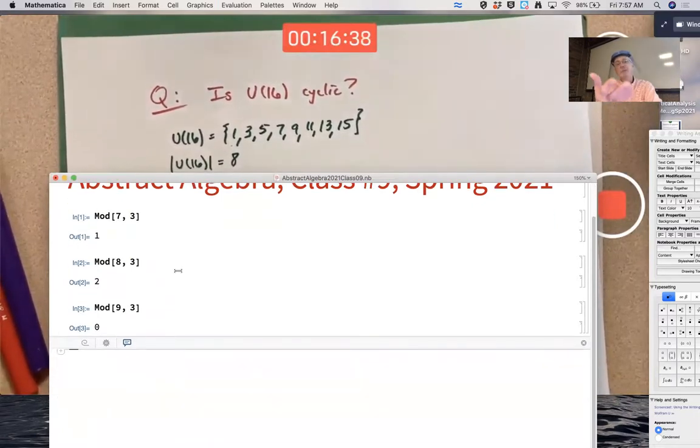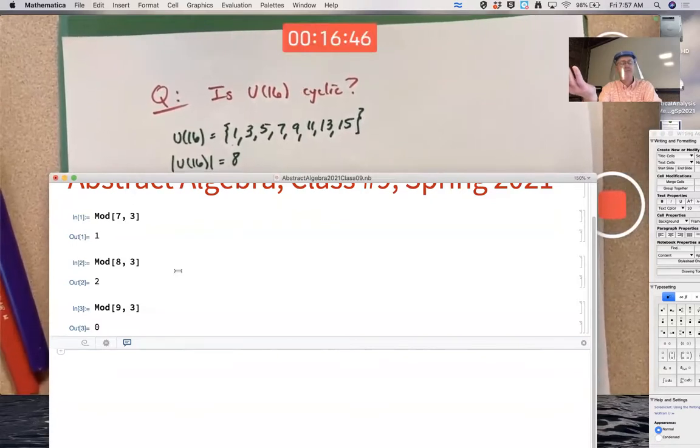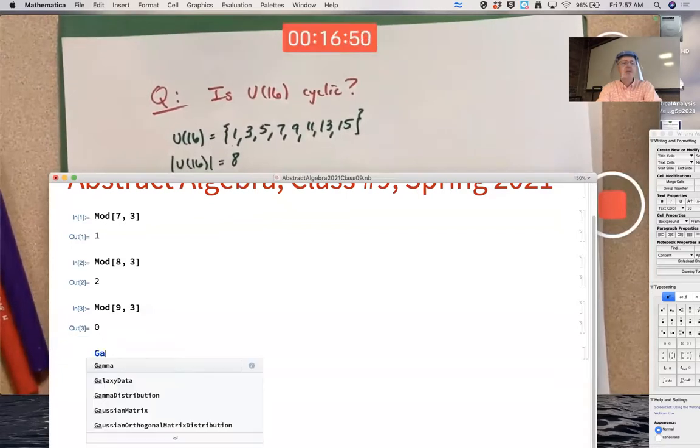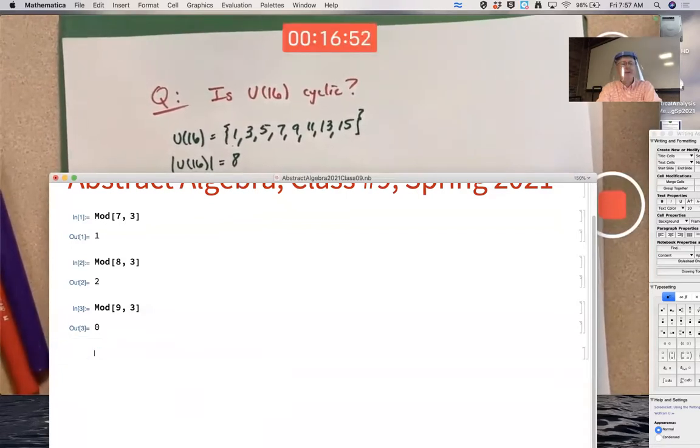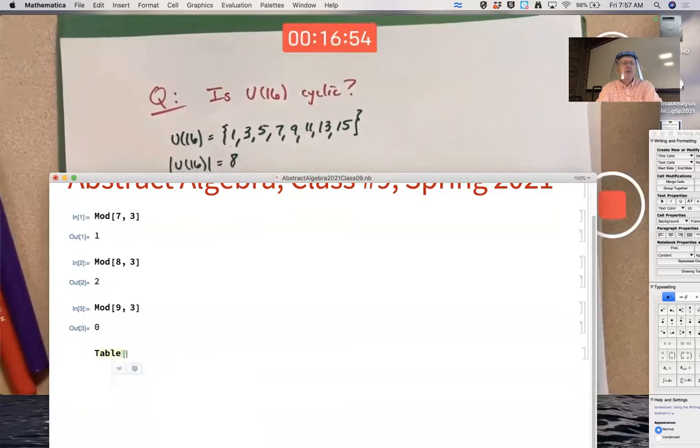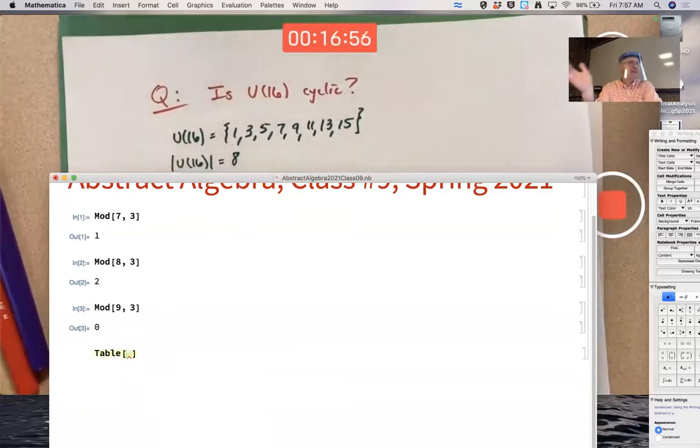And if you had one of these U groups and it was a really big one, say order 32 or something, and you're wanting to figure out the orders of elements quickly, there are a few different things you could do. If you were thinking one element at a time, you could use the Table command that creates lists.